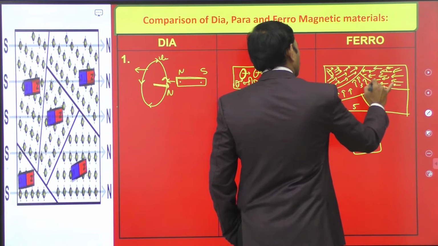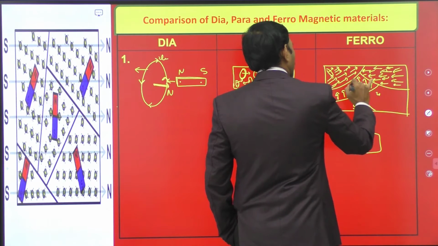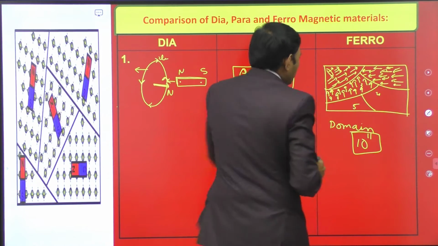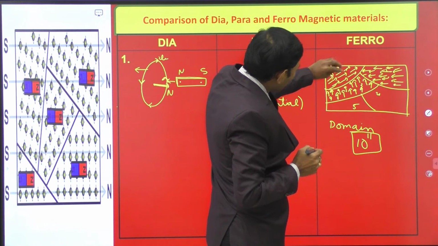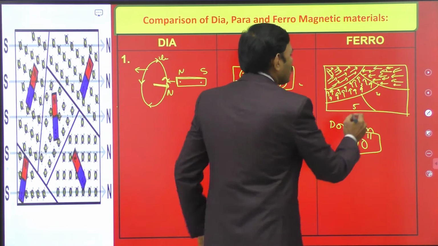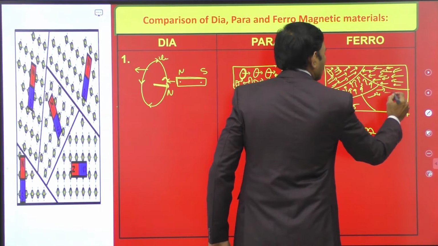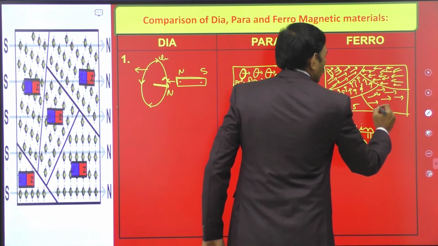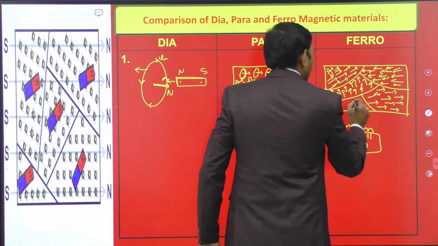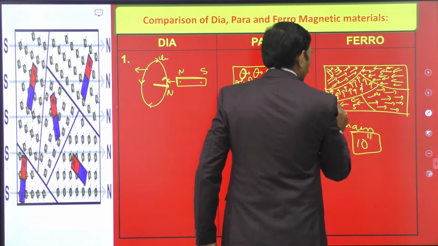So each and every atom in a particular domain must have its magnetic moment along the same direction. There is a large magnetic moment in the first domain, similarly in the second domain, the third domain and so on. Each domain has its own orientation of atoms and contributes magnetic moment in a particular direction.